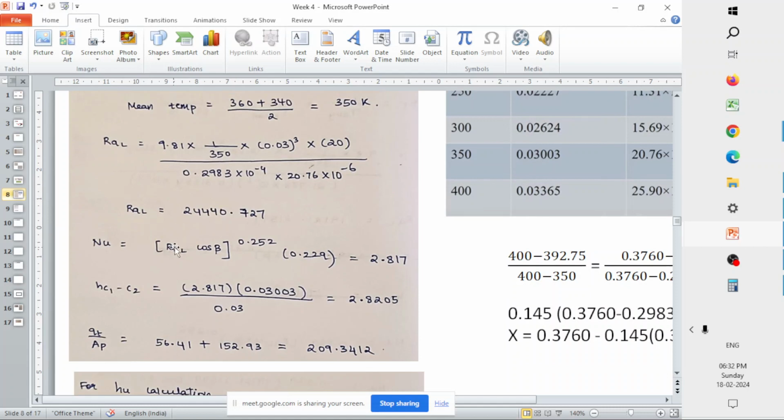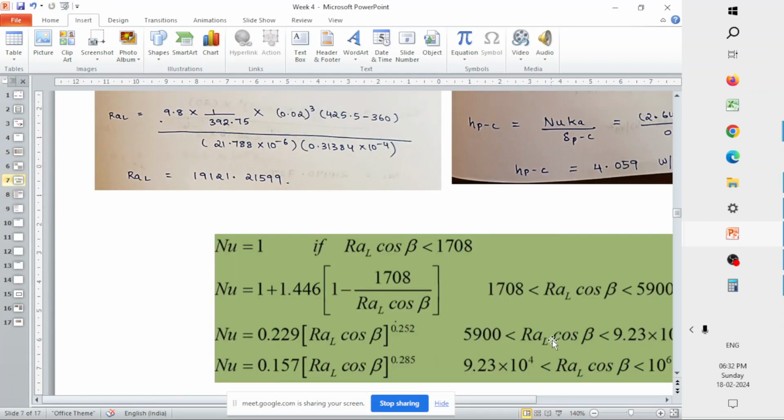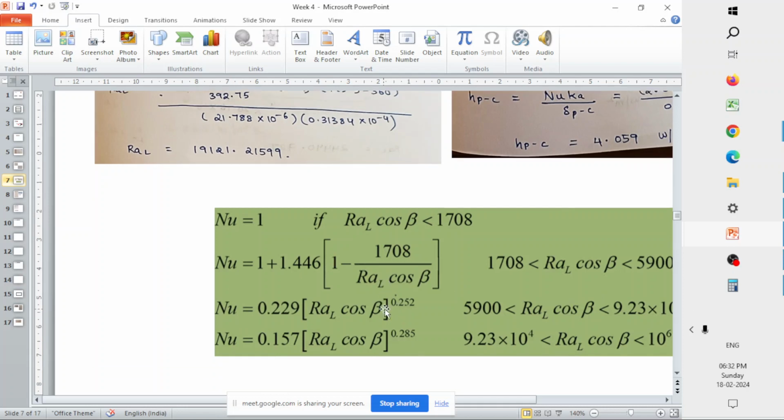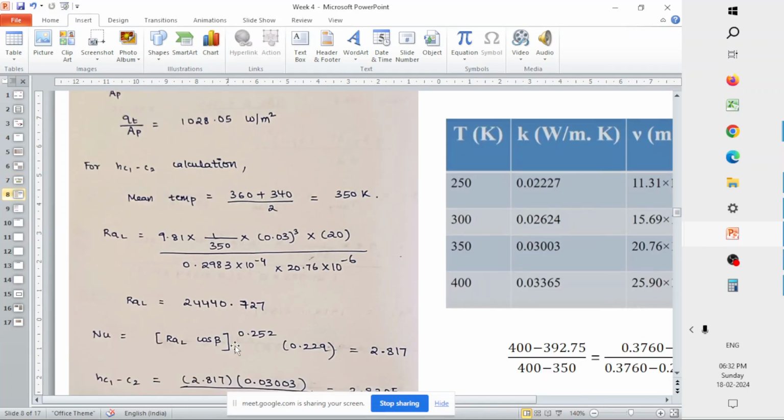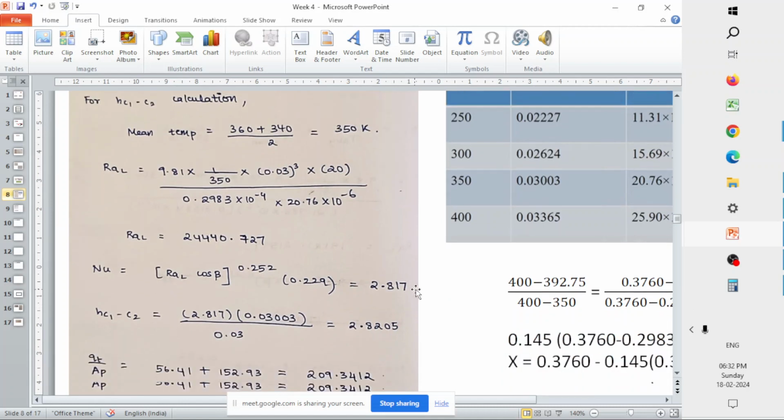Once you know it, you can get the value of RaL cos beta, and then using these 4 correlations, check in what particular range your RaL cos beta value lies. Once you know the range, you will be able to get the expression for your Nusselt number. Once you know the expression for your Nusselt number, you can calculate its value.